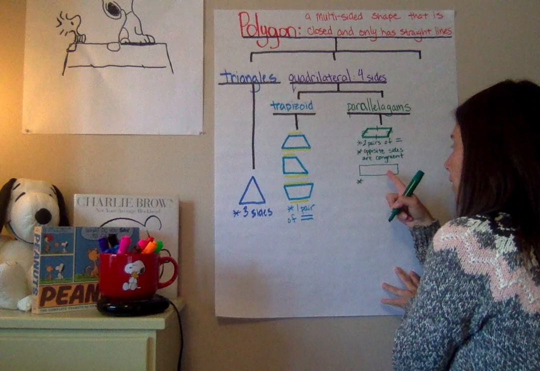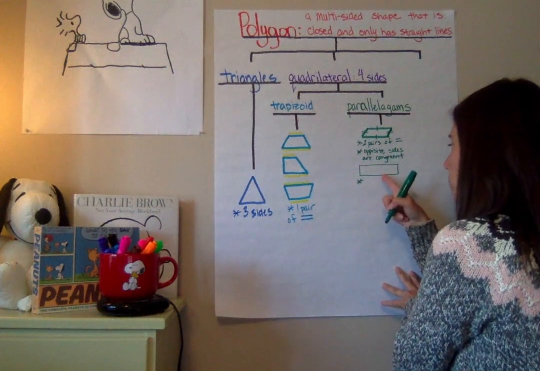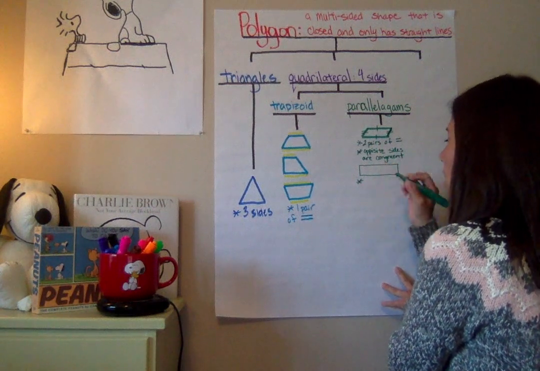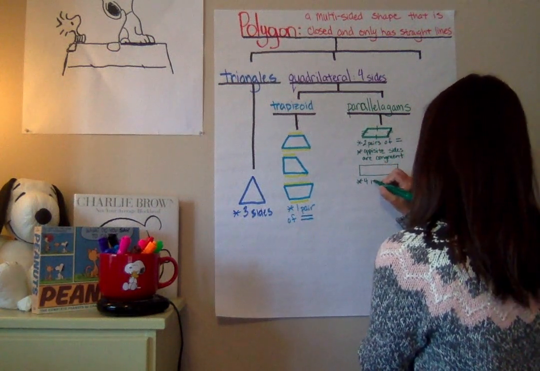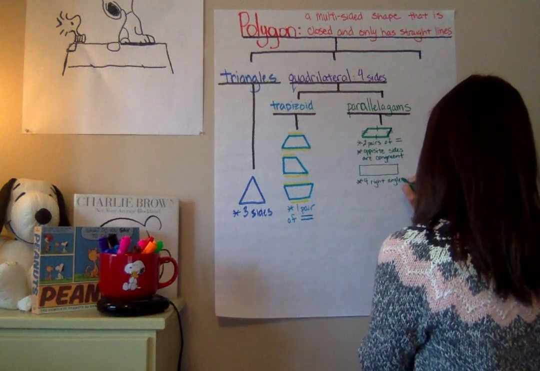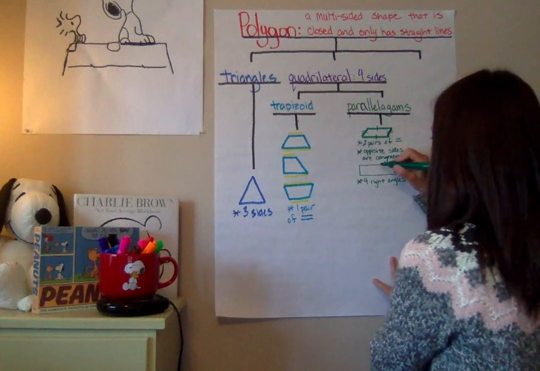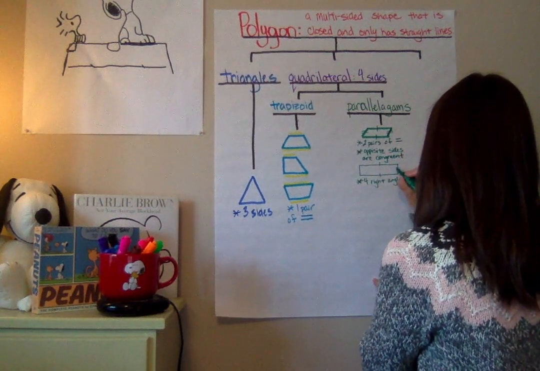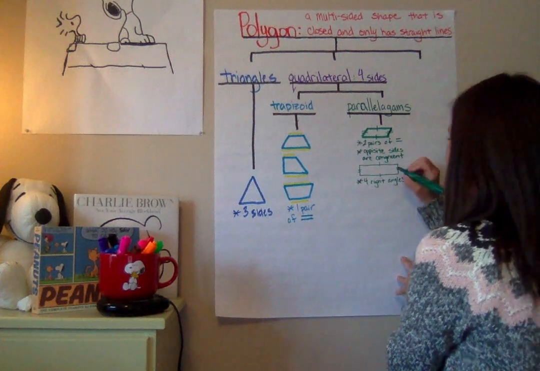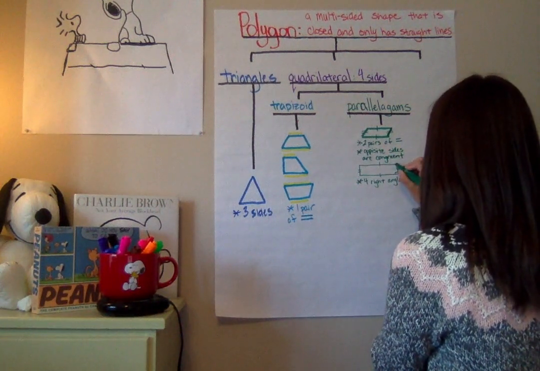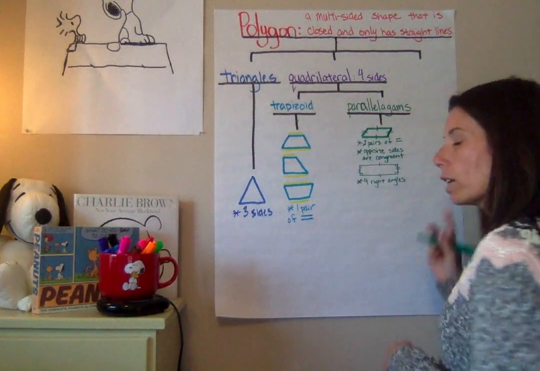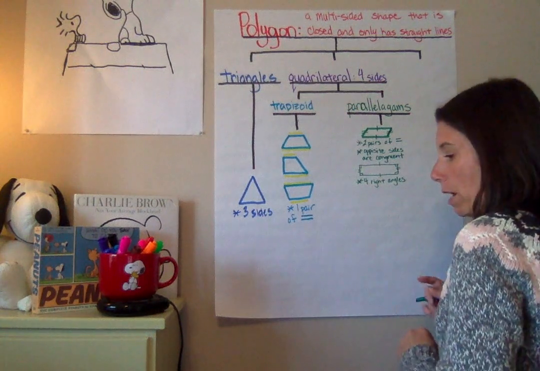Now in a rectangle, not only is this true, but there are 4 right angles. Okay, there's 4 right angles. So this side and this side are the same, this side and this side are the same. There's two pairs of parallel lines, and then there are 4 right angles. Okay, we're going to go back and highlight, so don't worry.